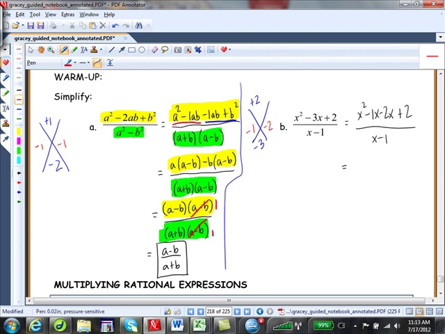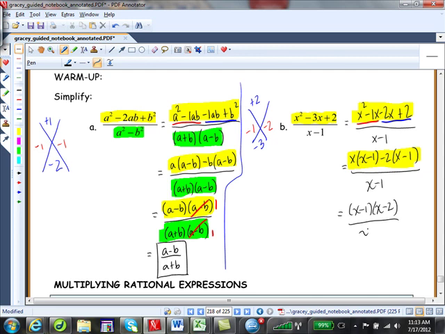Then, working on the red group and blue group, and by the way, this guy is equivalent to this. We can factor out an x, we're left with x minus 1. If we factor out a -2, we're left with x minus 1. That's all over x minus 1. And to complete the factorization of our yellow group, we'll get x minus 1 times x minus 2, and that's over x minus 1.